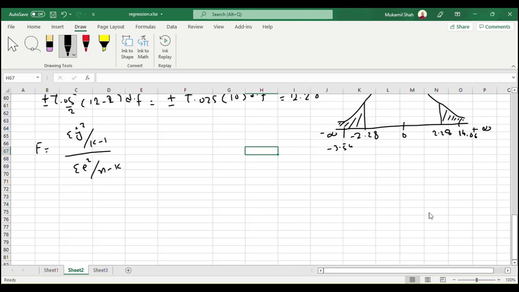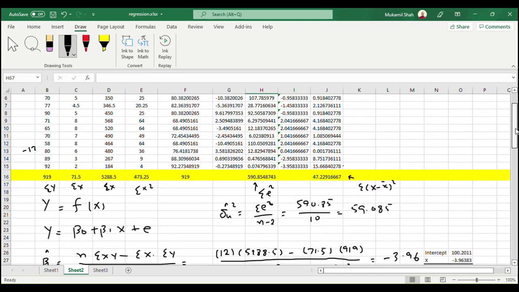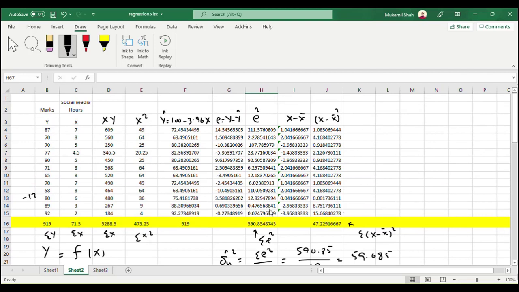For small y hat square, we need y bar, so we need to calculate y bar first. Y bar can be calculated by summation y divided by n. Y bar is equal to summation y divided by n, where n is 12, so this is equal to 76.58.